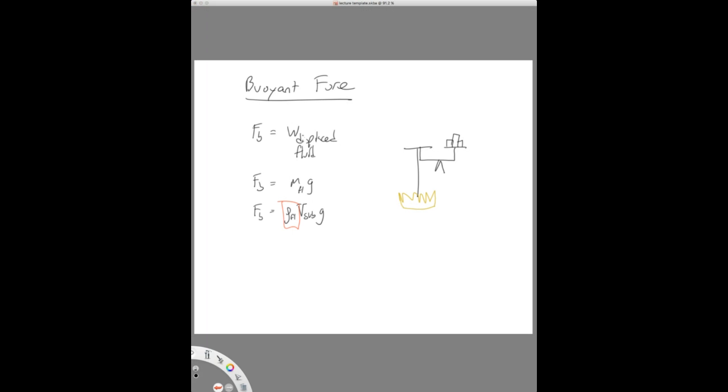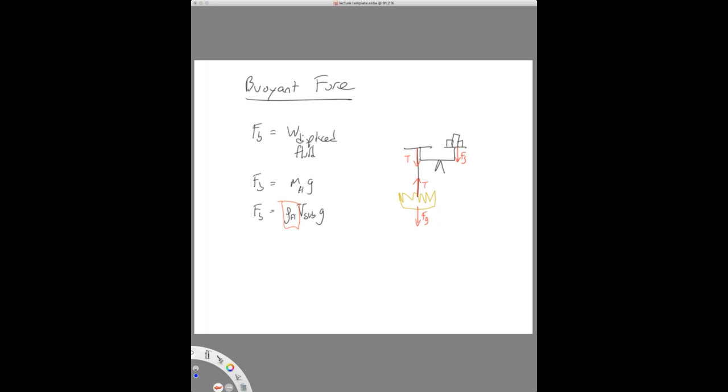In modern terms, there is a tension in the string, and that's the same as the tension on the top of the string. That tension has to be equal to the force of gravity. Because of the way the balance works, there's a force of gravity acting on our weights, and the force of gravity on the weights on the right-hand side is the same as the tension on the left-hand side if we get a balance. That tension is the same as the force of gravity on the crown. So we could say that the mass of the crown is equal to whatever we put here.